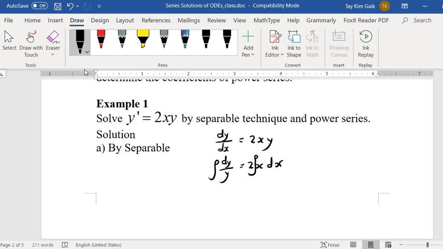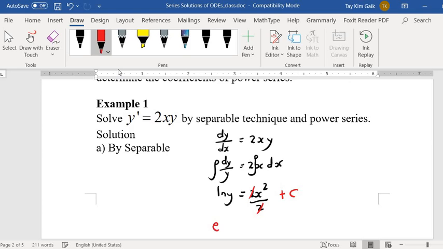Integrating dy over y, you have ln y. Integrating 2x dx, you have 2 divided by 2, x squared, plus C. If you want to get y explicitly, you may take the exponent on both sides.